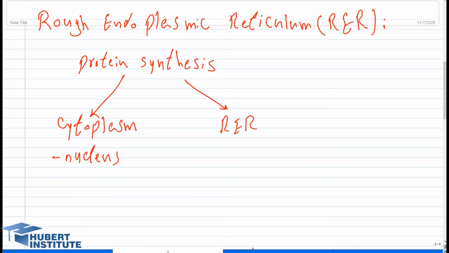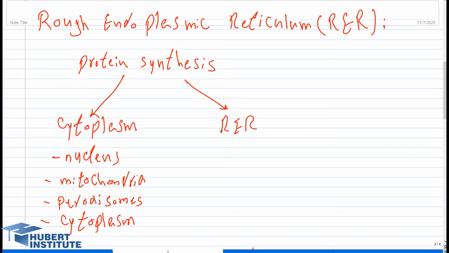Proteins made in the cytoplasm might end up in mitochondria, they might end up in peroxisomes, or they just might stay in the cytoplasm. Maybe that's where they belong.